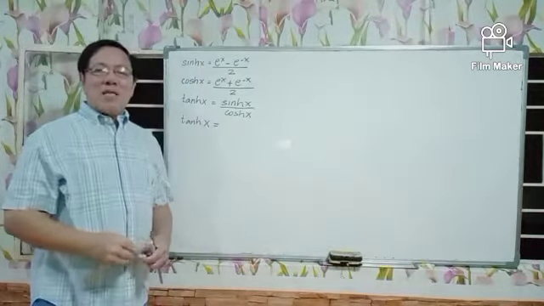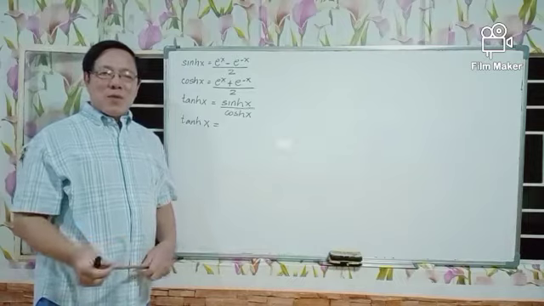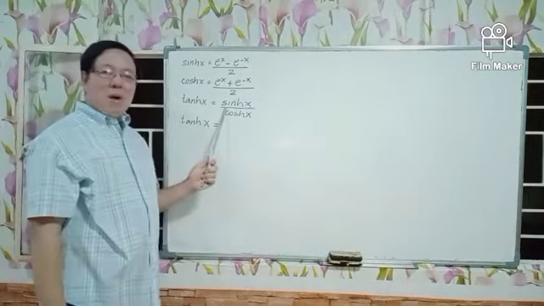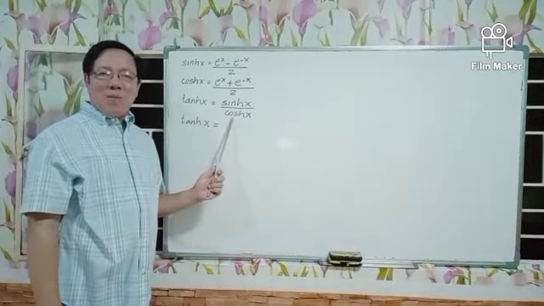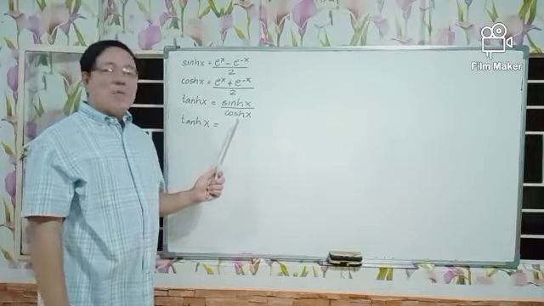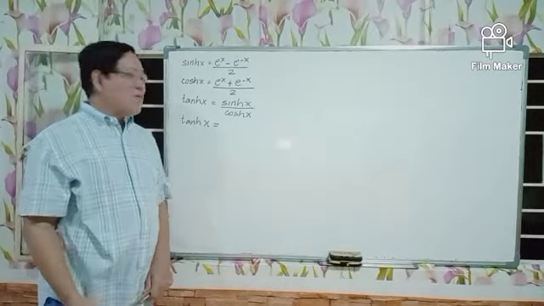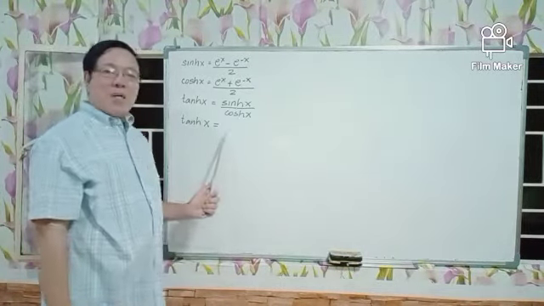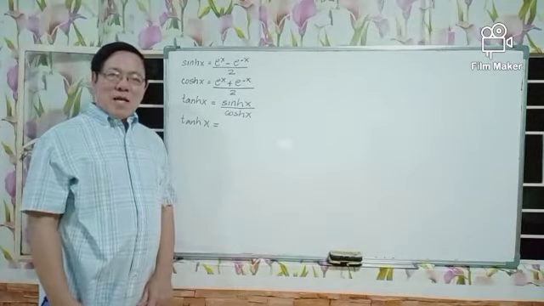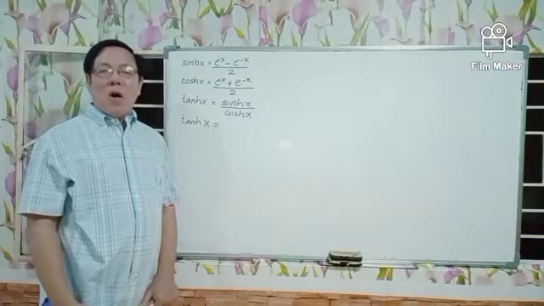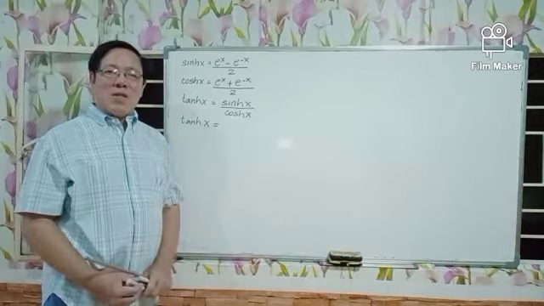And we have shown last time that when we substitute the value of hyperbolic sine of x and the value of hyperbolic cosine of x, and we simplify the expression, we get hyperbolic tangent of x equals e to the x minus e to the minus x all over e to the x plus e to the minus x.